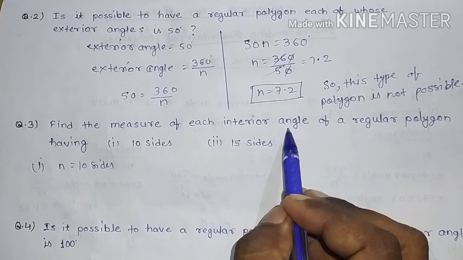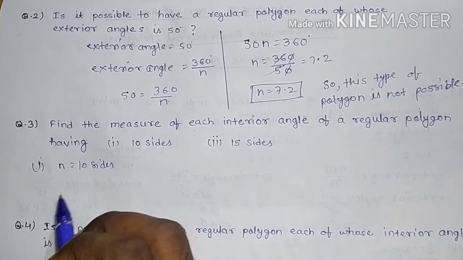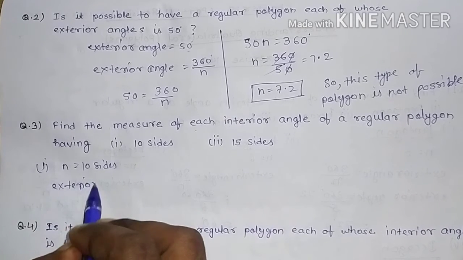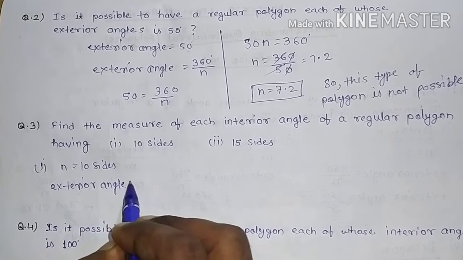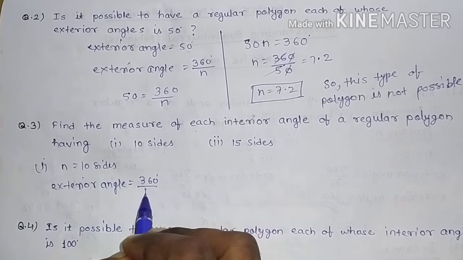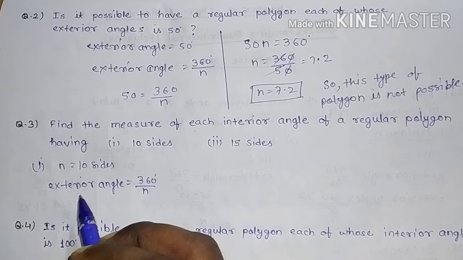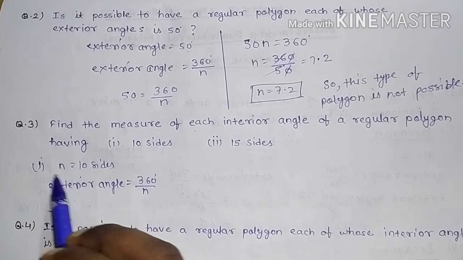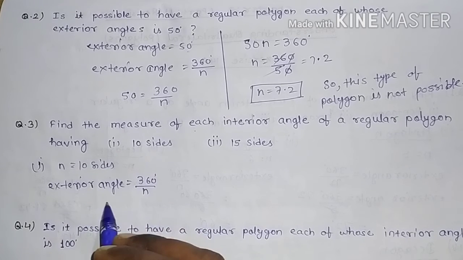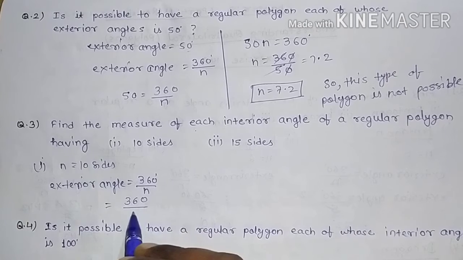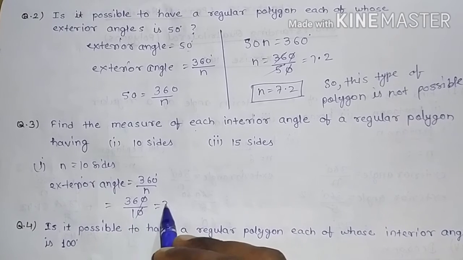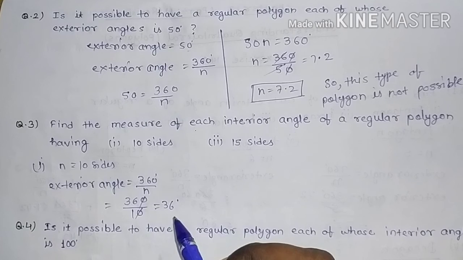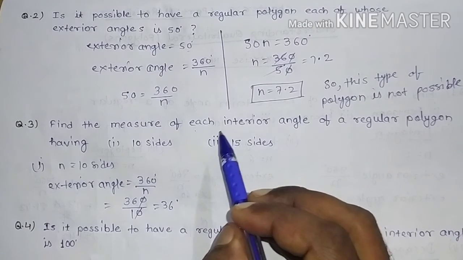First of all, we have to find each exterior angle. By this formula, exterior angle equals 360 degrees divided by n. Just put the value of n, that is 10. So 360 divided by 10. The zeros cancel out, and this is 36 degrees. Now each exterior angle equals 36 degrees, and here we have to find each interior angle.